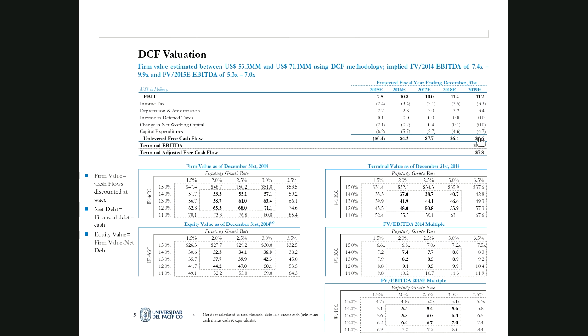We discount these cash flows and we come up with a value at a discount rate of 13% and a perpetuity growth rate of 2.5% of 61 million for the company, okay?